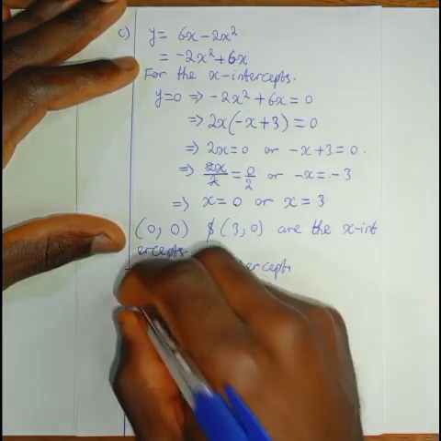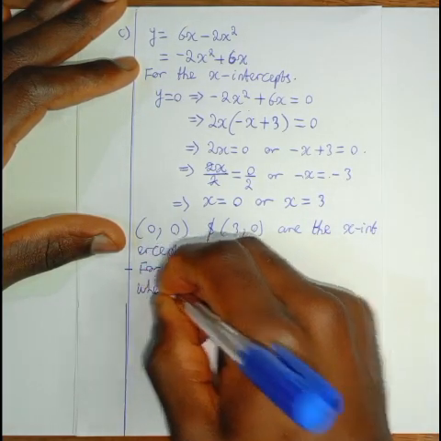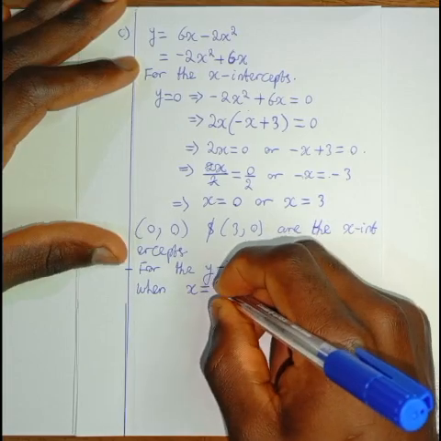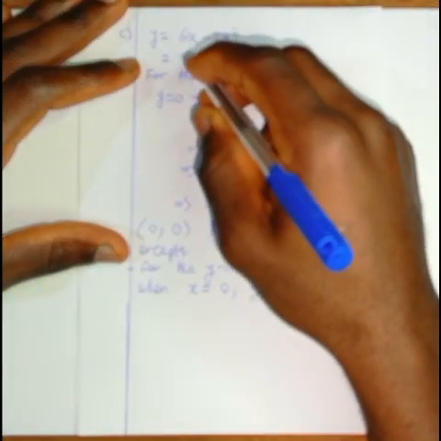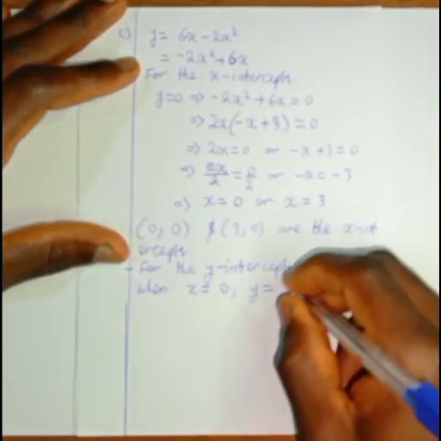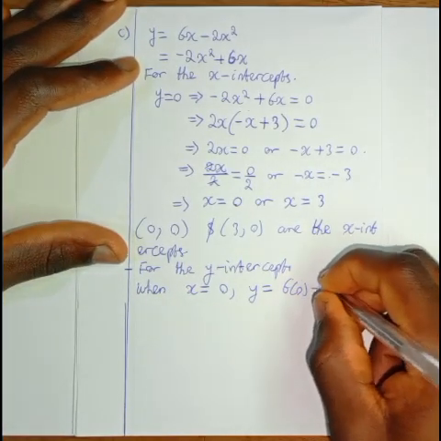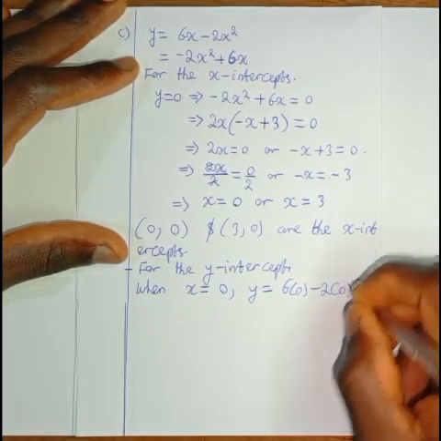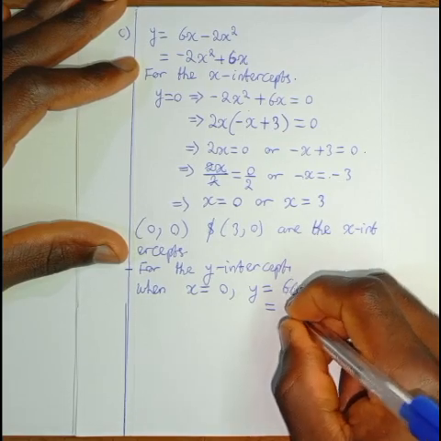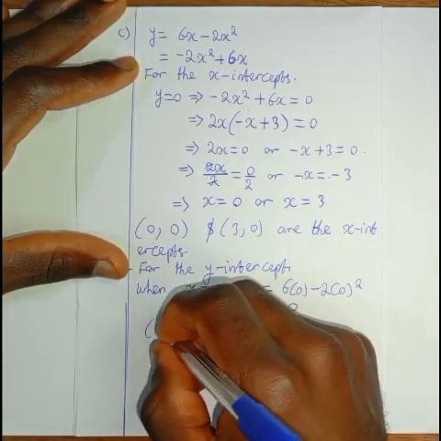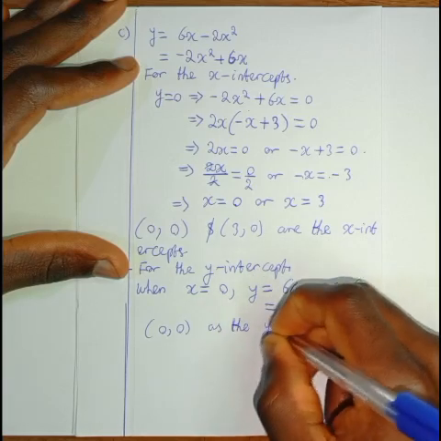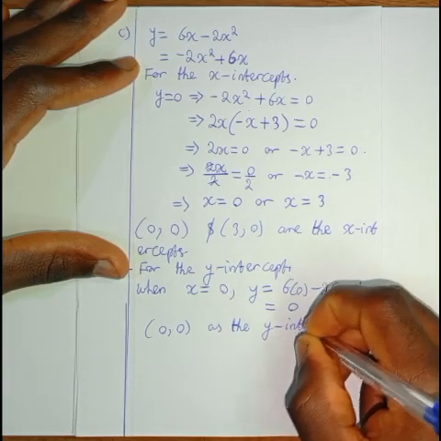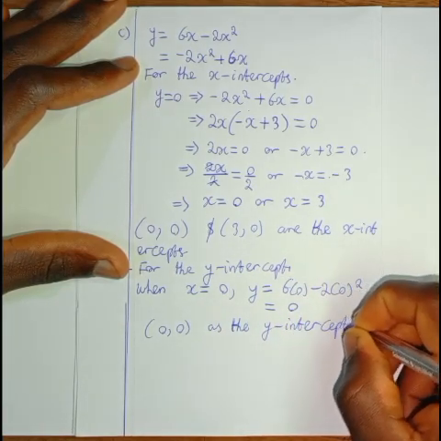For us to get the y-intercept, when x is equal to 0, y will simply be equal to, we're going to replace x with 0 here. 6 times 0 minus 2 times 0 squared. This will simply be equal to 0. We have 0, 0 as the y-intercept. Remember, the point 0, 0 is the origin.